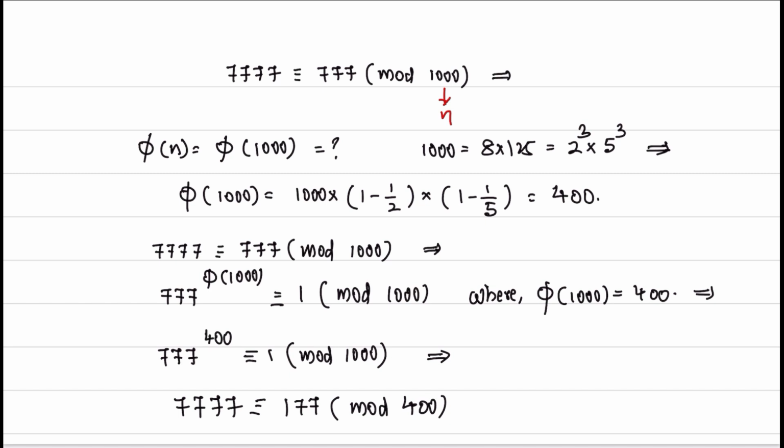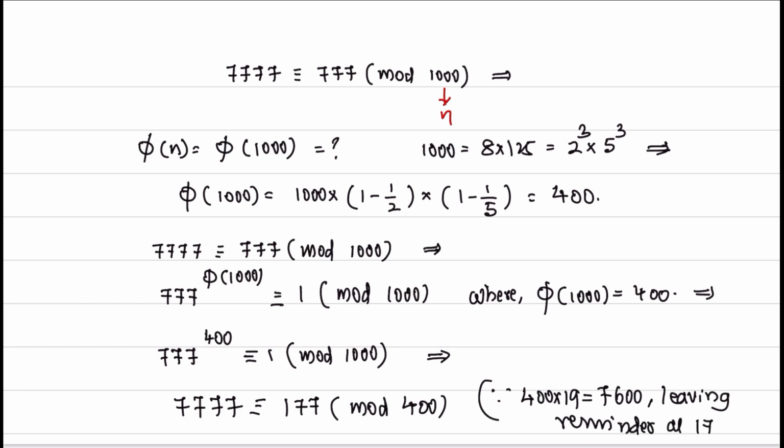And 7777 we can write with mod 400 because 400 into 19 is equal to 7,600, leaving remainder 177 in 7777.